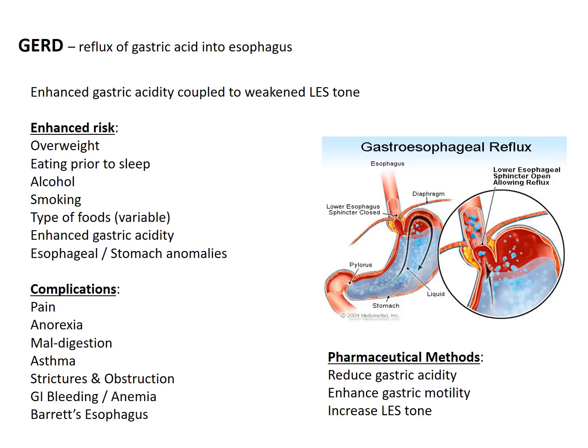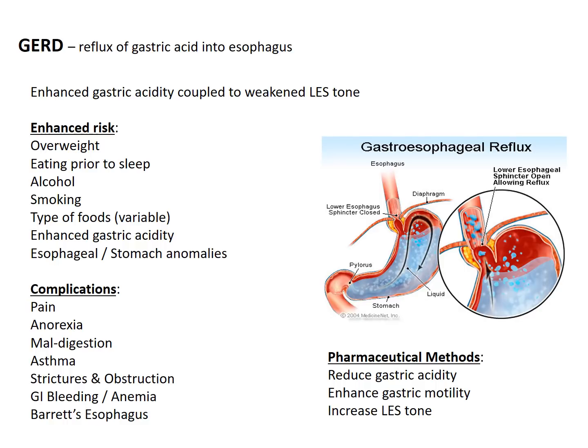Managing gastroesophageal reflux disease can be done by reducing gastric acidity. There are a lot of different drugs that can do that. We'll look at them in a minute or two here. Other things that can be done in terms of pharmaceuticals is to enhance gastric motility and tighten the lower esophageal sphincter tone.